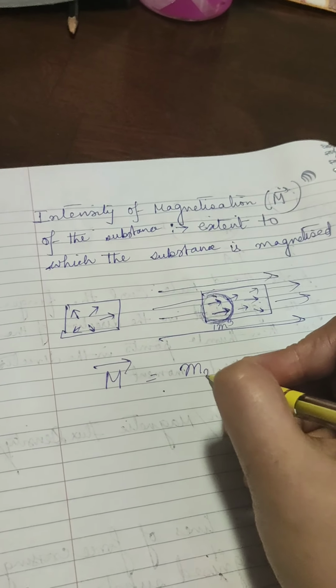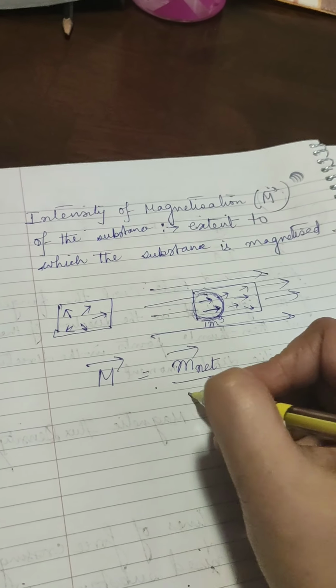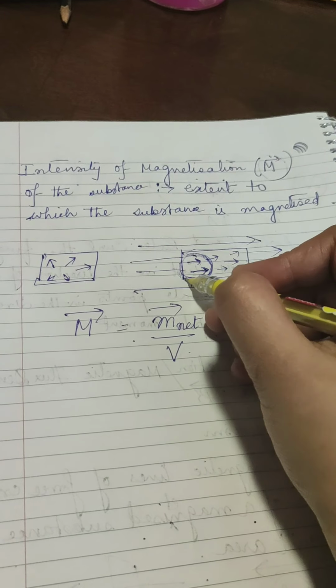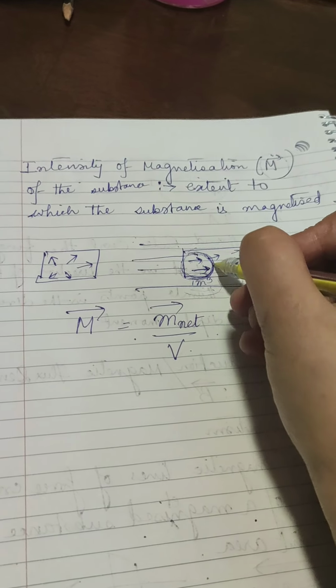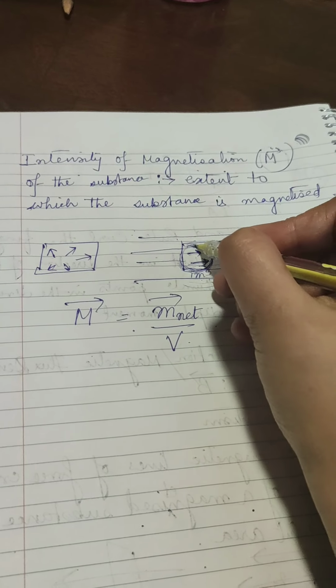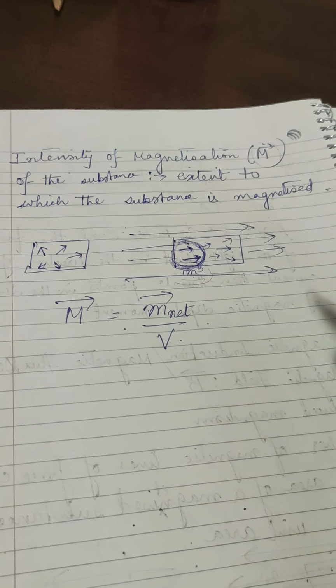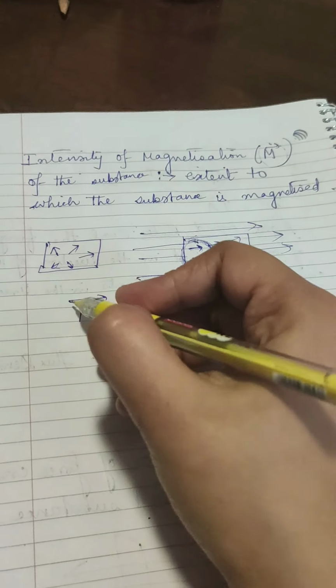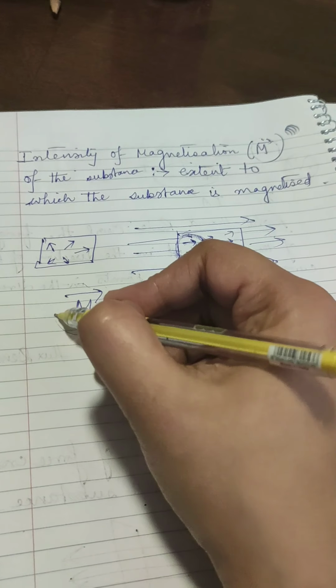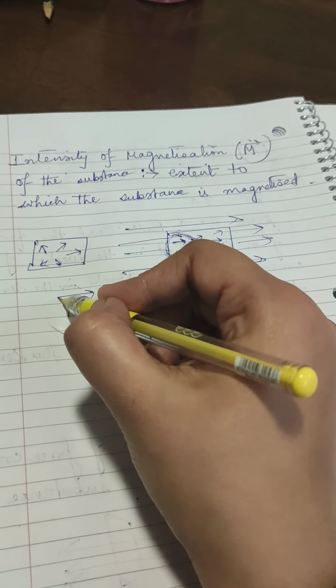That is the net magnetic moment per unit volume, which gives you the intensity of magnetization of the substance.